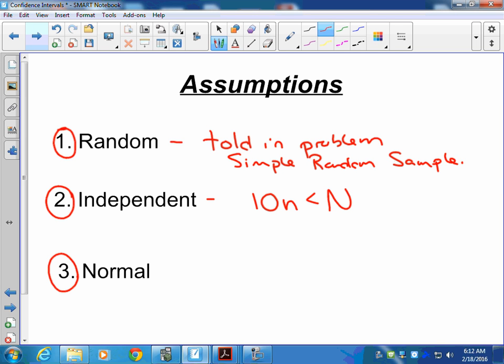We don't want our samples to be more than 10% of the population, because then one sample would affect the other sample, and we wouldn't have separate independent samples. So we want the sample no more than 10% of the population.